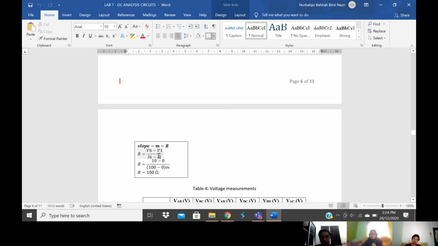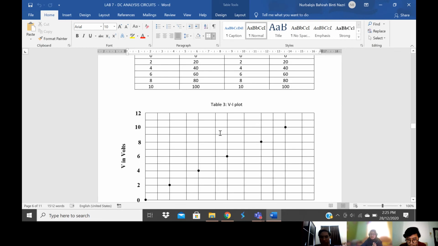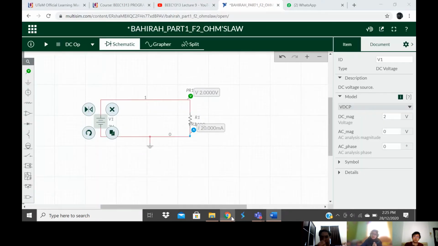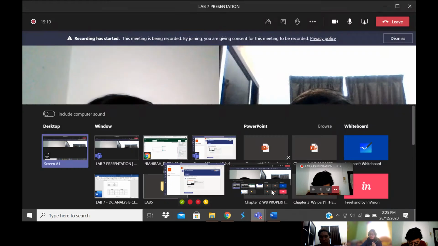The formula is M equal to R, which is resistor, V6 minus V1 divided by I6 minus I1. So we got 100 ohm, which is the same as the value of the resistor. That's all from part 1. I'm going to continue with the second part.